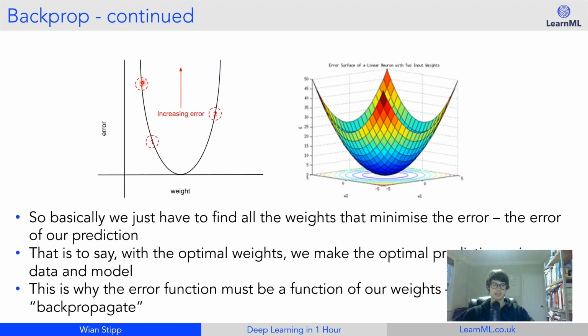So for example, let's say that we evaluate and we see the error is at number 3. Then what we can do is increase the weights a little bit, because we will see that there is a negative gradient. And if there's a negative gradient, then we need to increase the weight a little bit. So let's say we go here, and again, there's a negative gradient at this point, so we go a little bit more.